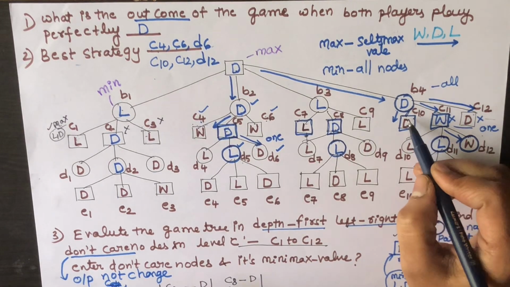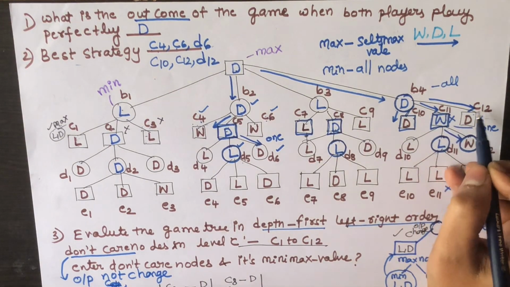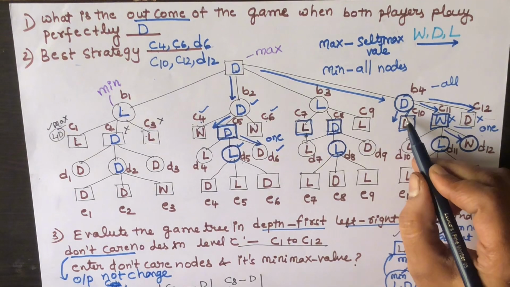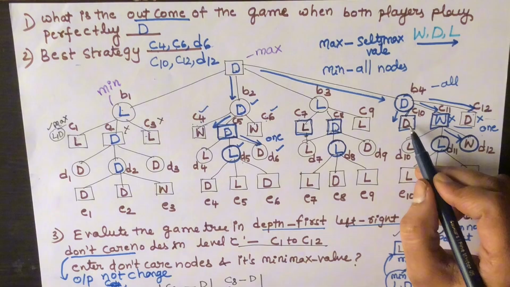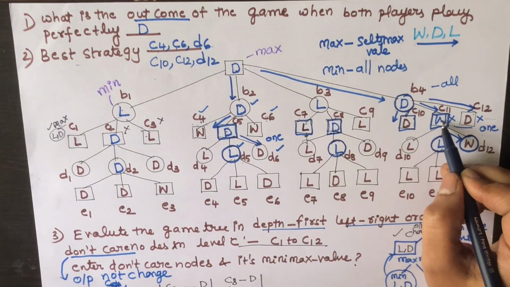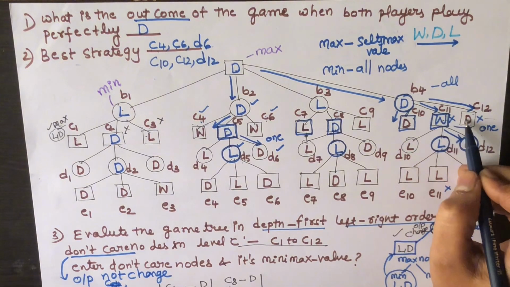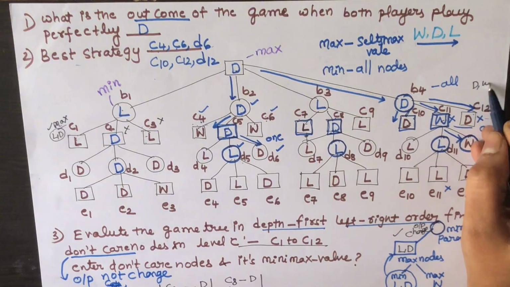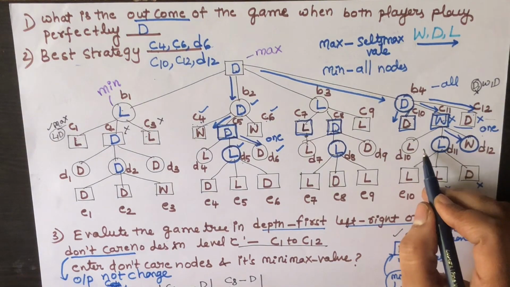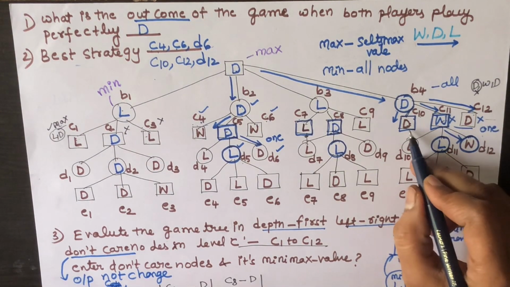Next, C10, C11, C12. If the max node contains the minimum value, when compared to win, draw is the minimum value. There is no loss.